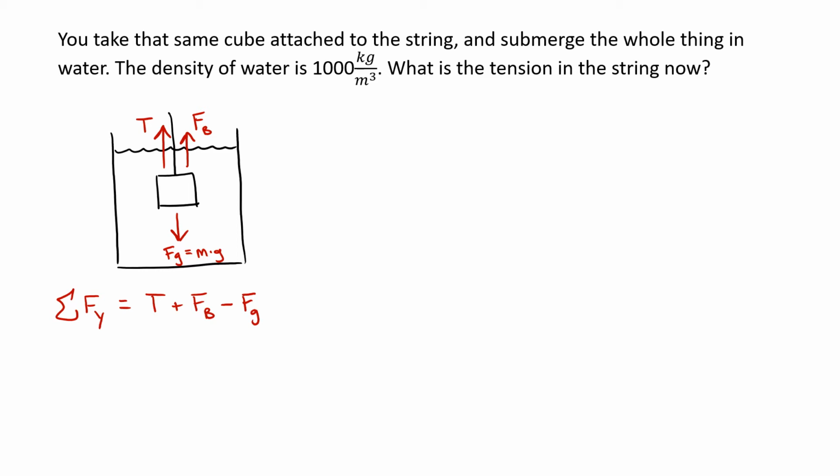So we can end this little sentence here. We can say it is equal to the mass of the object times how it's accelerating in the vertical direction. Again, the question doesn't say I'm accelerating it out or lowering it in still, so we can assume that this is at rest, which means that this term right here is 0. It's not accelerating up or down.